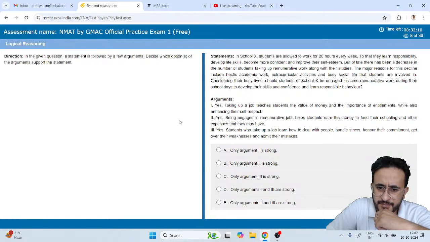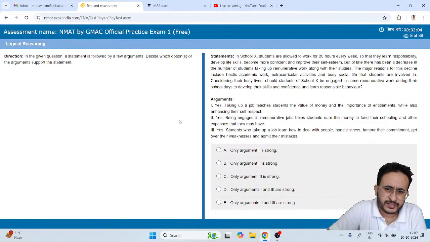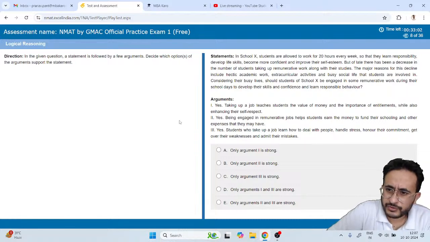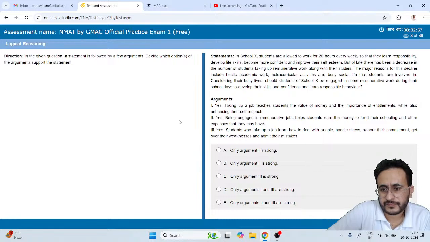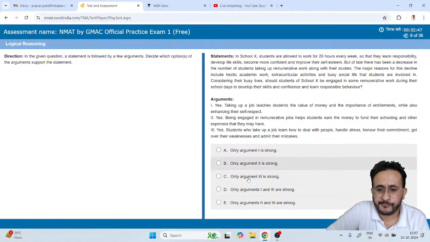Third looks absurd. So taking up a job, learn to deal with people, handle stress. Looks fine though. So I'll just mark 1 and 3.